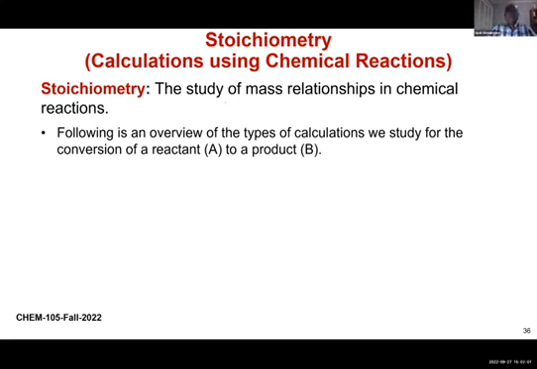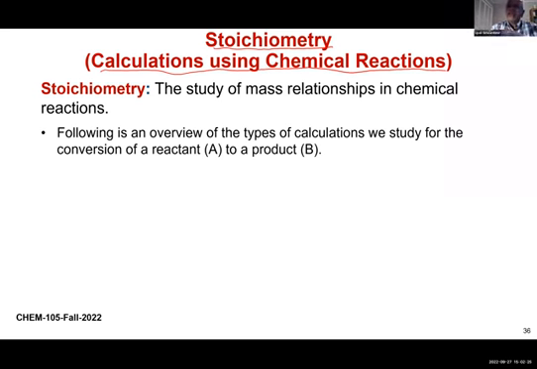Now we're going to tie all of this up in what we call stoichiometry. That's a fancy name for this idea, calculation using a chemical reaction.